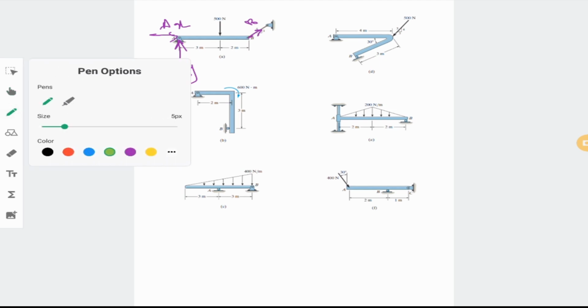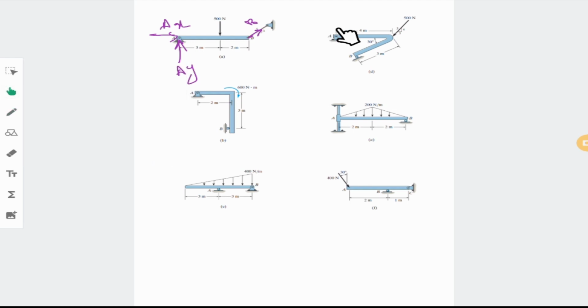In the next one we have point A here and point B. What we have at point B is a roller, and what you need to consider for rollers is how the point of the beam at point B can move. If you consider this, as I said, forget about the rest of the mechanism, just consider a small piece of the beam, and let's try to move it.